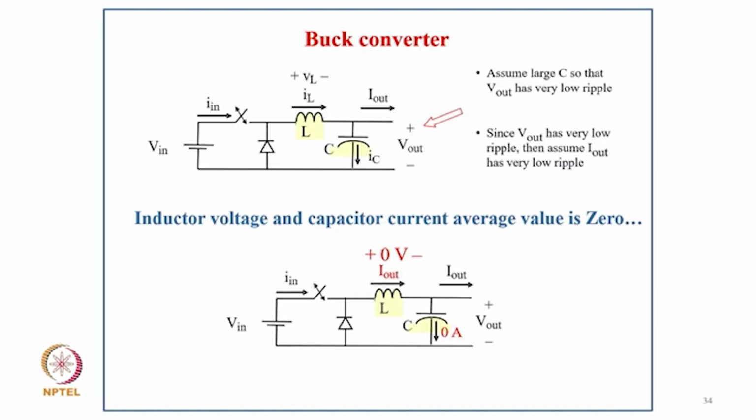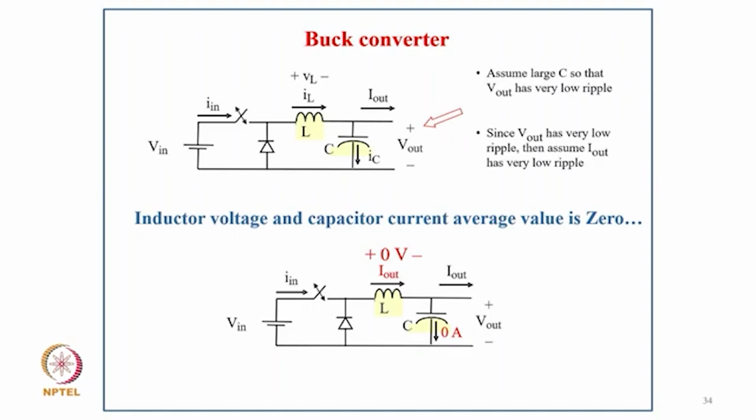So now coming to this buck converter, here we have a supply with the switch, then diode, inductor, and capacitor, and the different notations are given. We consider a large capacitor at the output, so that V out has very low ripple, and since V out has very low ripple, assume I out has very low ripple.